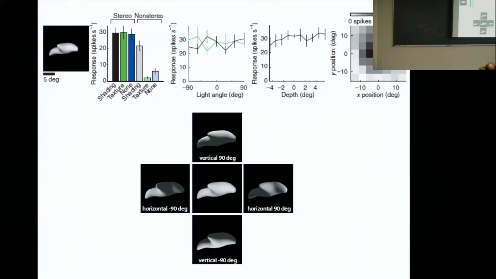And this is what Anita asked about, what happens if you change the lighting angle, which is another way to radically change the two-dimensional image and rule out simple explanations like, oh, it's just something dark below something bright. So these are the responses of this neuron as you change the lighting direction in the vertical and change the lighting direction in the horizontal. You can see how different the brightness pattern here is, but the response is very much the same.